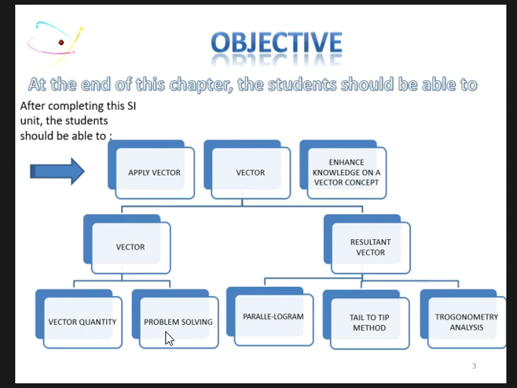We know how to analyze. We use trigonometry analysis, theorem Pythagoras analysis to determine the resultant vectors. And we do some calculations using sin theta, cos theta or tan theta for problem solving, to determine the resultant vectors.